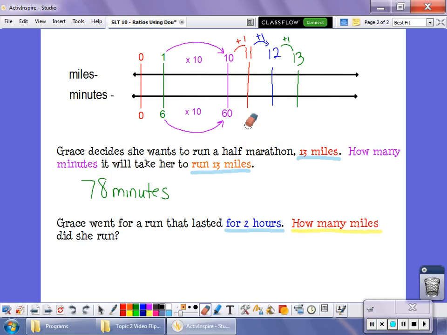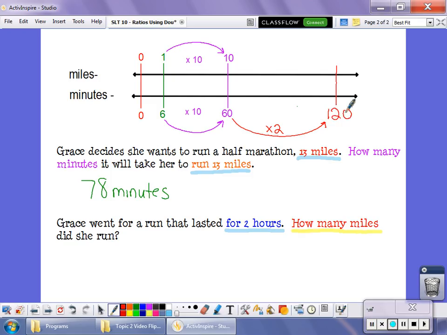We can take this information that we had for our 10 miles, because we know that she did 10 miles in 1 hour. We know this is an hour because 60 minutes is 1 hour. So if instead of 1 hour, what we wanted was 2 hours, what we would need to do is multiply this times 2, because 60 minutes times 2 gives me 120 minutes.